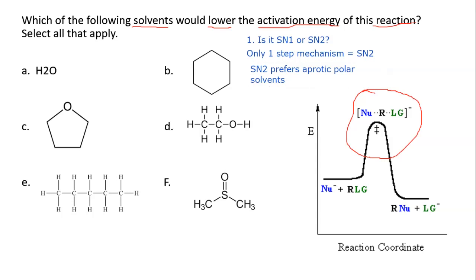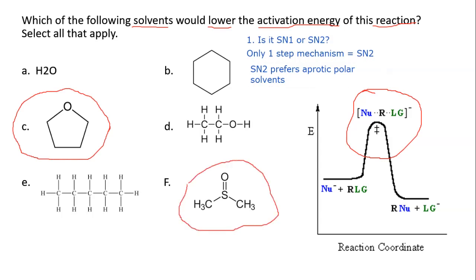For example, THF is an aprotic polar solvent. DMSO is an aprotic polar solvent. So again, C is THF and F is called DMSO.